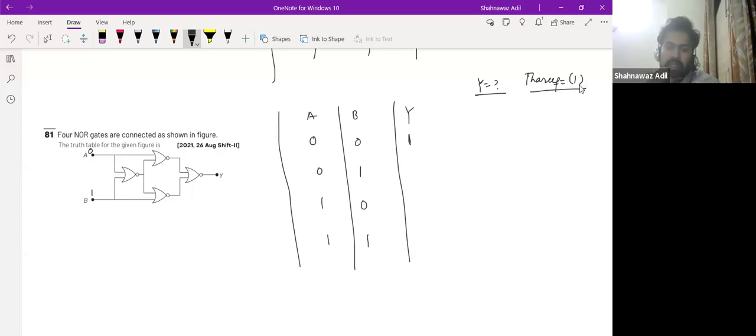What would be the answer, guys? So 0, 0 is coming here, 0 is here. 0, 1 plus that is 1 bar, 0. So 0 is coming here, 0 is coming here. 0, 0 bar is 1 plus 0 is 1, bar is 0.